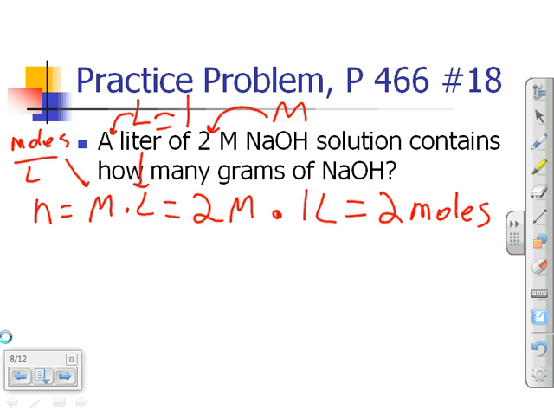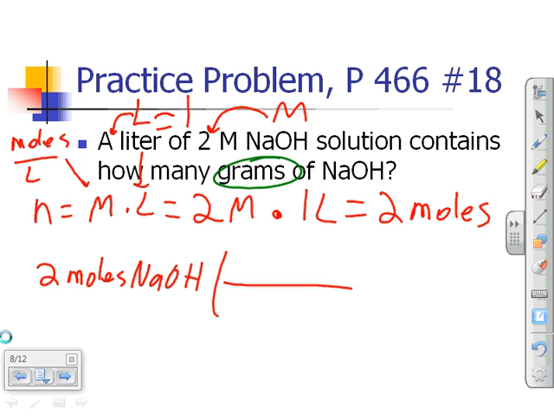We need to figure out grams because that's what the problem states, how many grams. So we have 2 moles of NaOH, in parentheses, 1 mole NaOH in the denominator, grams NaOH in the numerator.